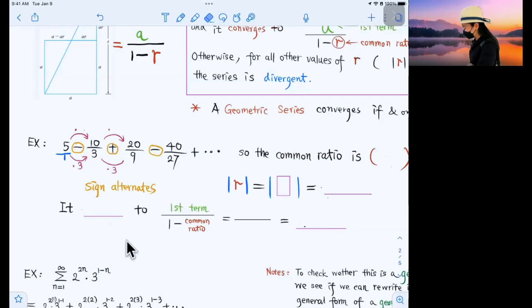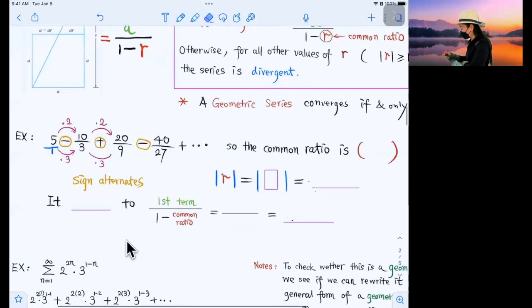What about the numerator? 5, 10, multiply by 2. Keep on multiplying by 2. So that means you're multiplying by 2 over 3. But also notice what happened to the sign. The sign alternates, sometimes positive, sometimes negative.